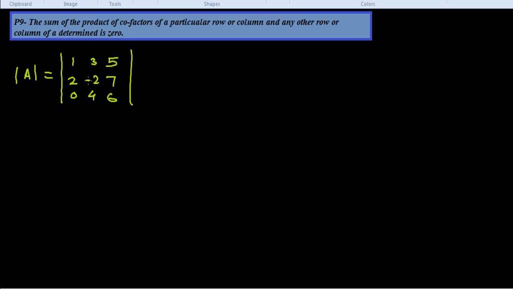First we find out the cofactors. C11. We know that the cofactor Cij, i is the number of the row and j is the number of the column, is minus 1 power i plus j times Mij. This formula we have to use here.